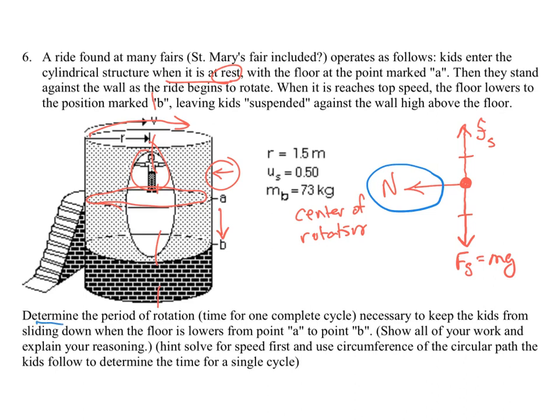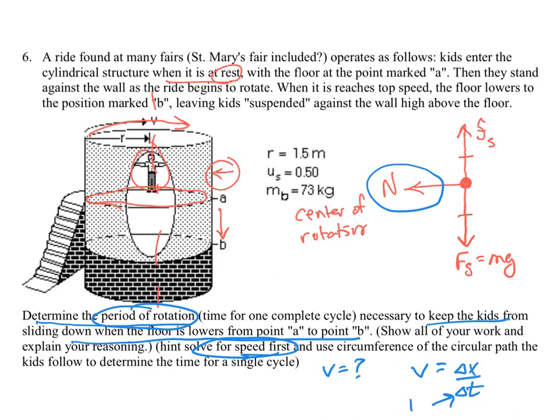Okay, here it says determine the period of rotation, the time for one complete cycle, necessary to keep the kids from sliding down the floor from point A to point B. To answer the question of period of rotation, the first thing you have to do is solve for speed. So you first want to find v, and then remember that v is displacement over time. The time is capital T, the period for one cycle.